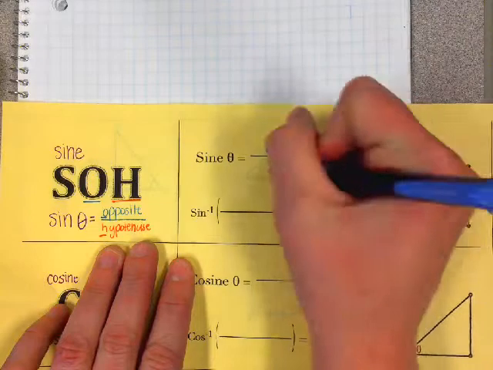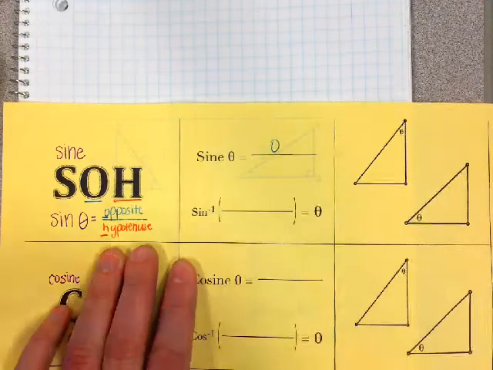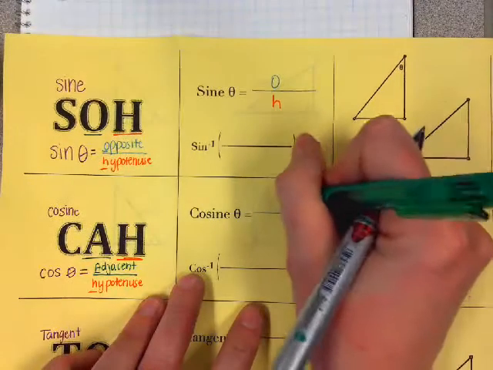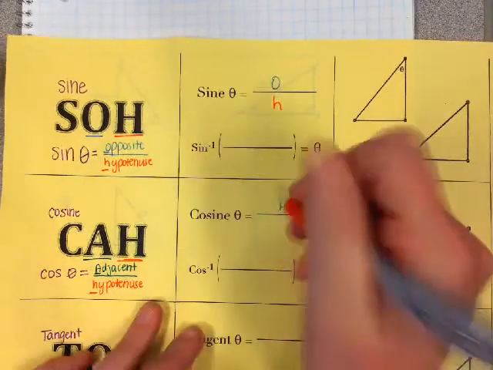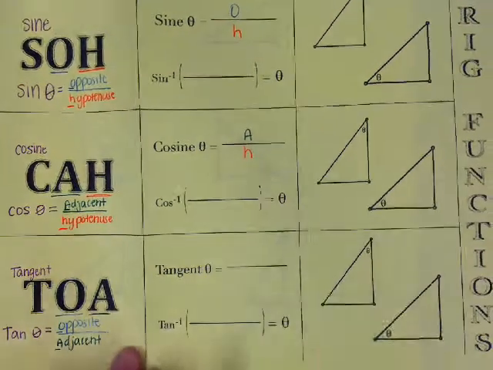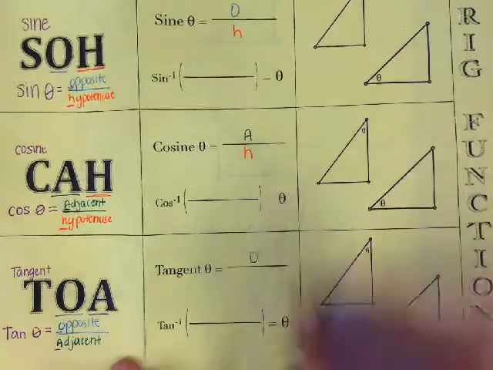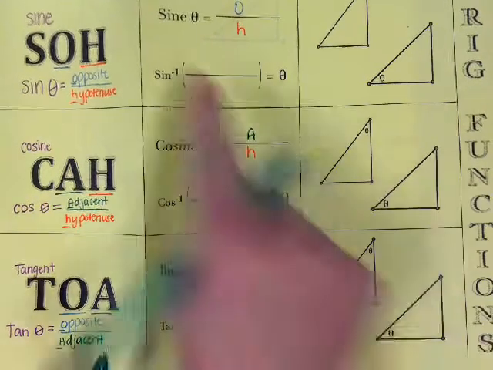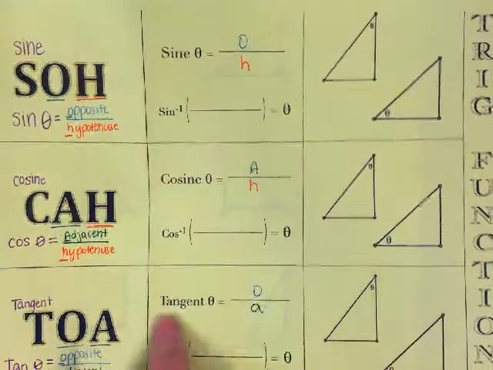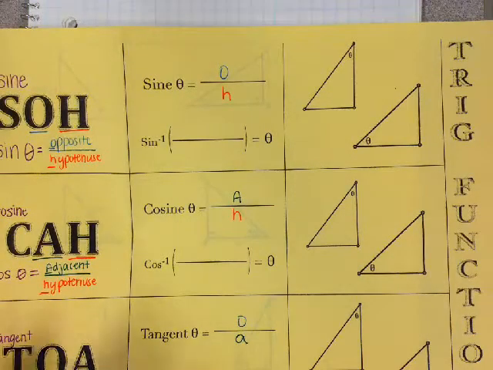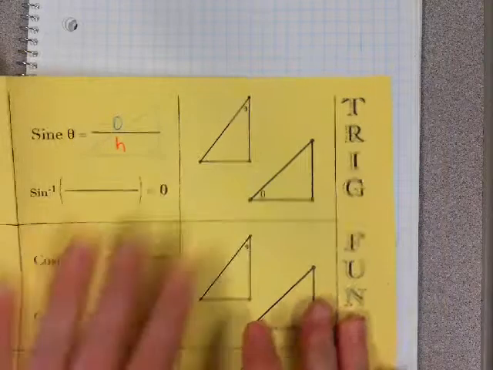So I'm going to just write O over H. This one is A over H. And you could write it all out if you want, but I don't want this video to get too long on you guys. So it's SOH CAH TOA. And then we'll talk about this part in the next video that we do.